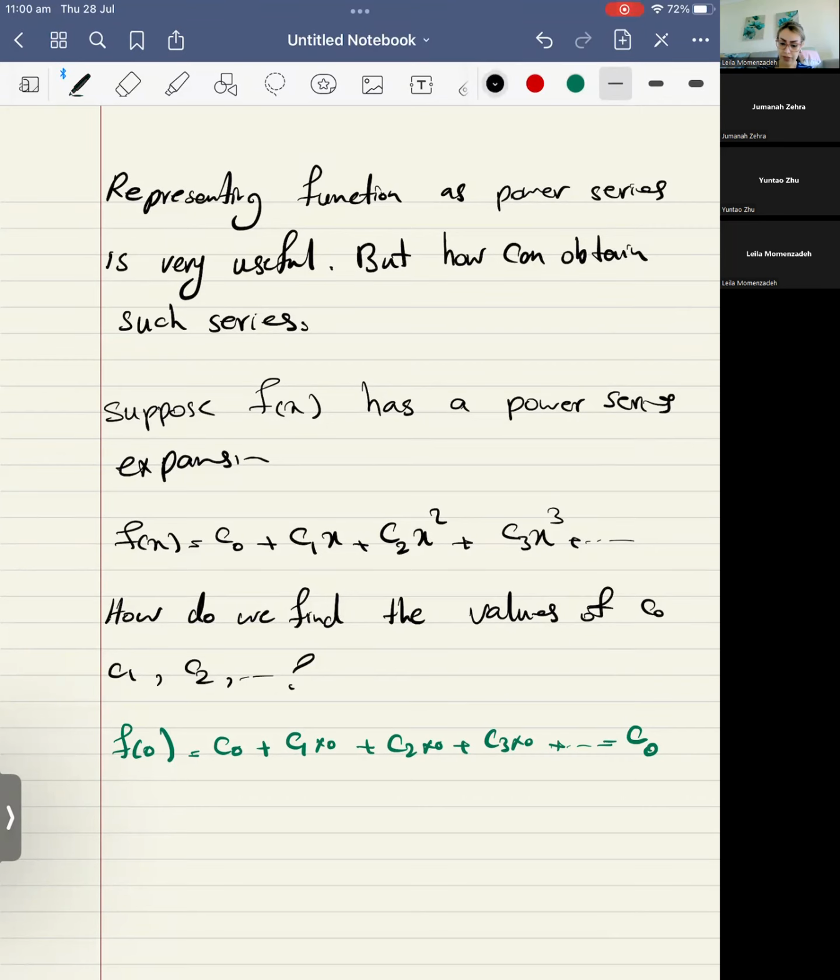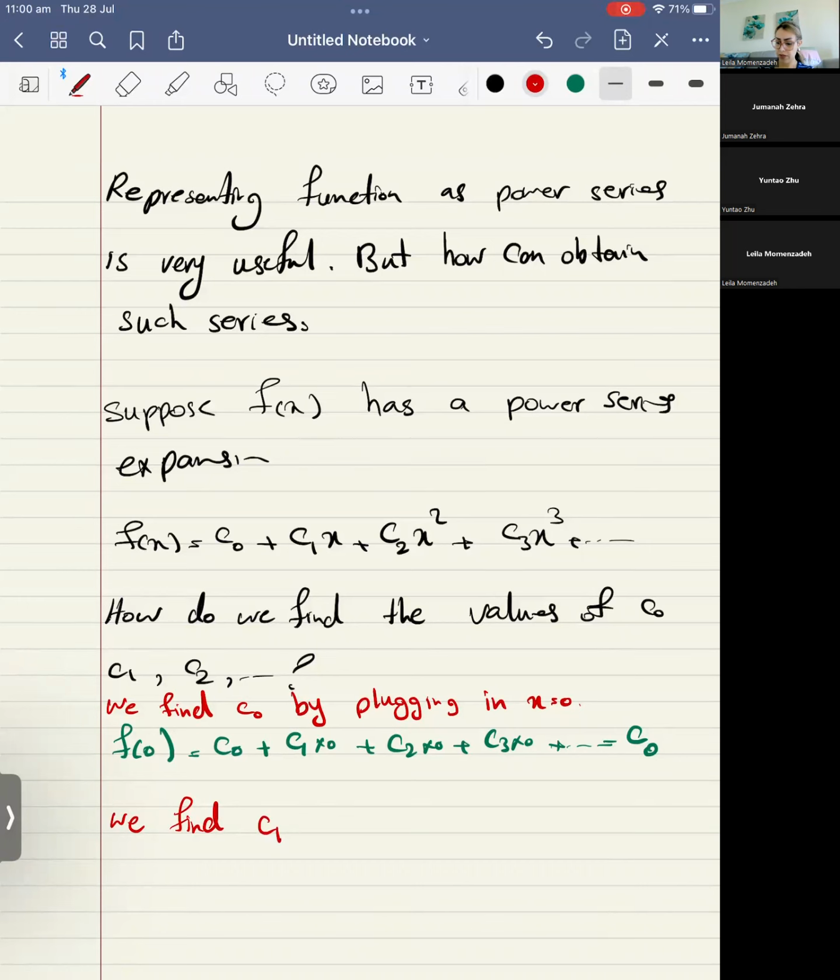But now for the rest of them, let's write here: we find c0 by plugging in x equals 0. And now we find c1.